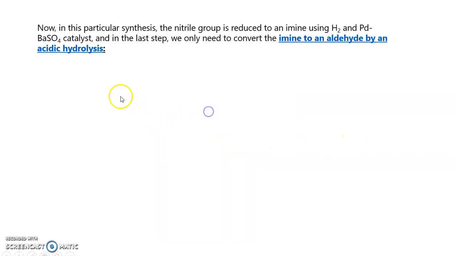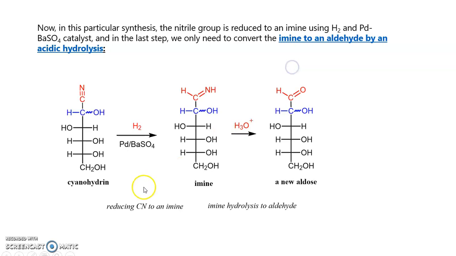Now further, the cyanide is reduced. In this synthesis the nitrile group is reduced to an imine group using H2 and palladium BaSO4 catalyst, and in the last step we only need to convert this imine to an aldehyde by acid hydrolysis. This is the cyanohydrin generated in the first step.